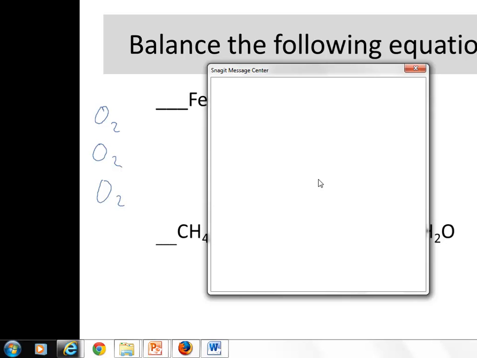So now I have 4 Fe's, 2 Fe2O3's, 6 O's. Now I have 6 O's here, so 3 O2's, and now I just need to figure out a number to balance my Fe's. So how many do I need? 4. What do I need to multiply 1 by to get to 4? 4. Now I'm balanced.